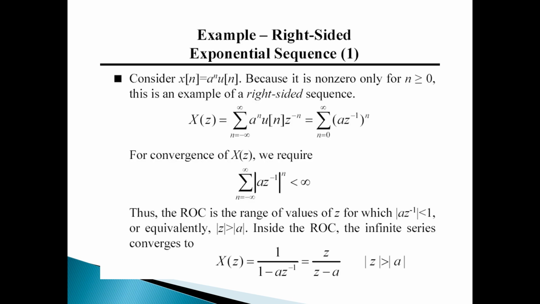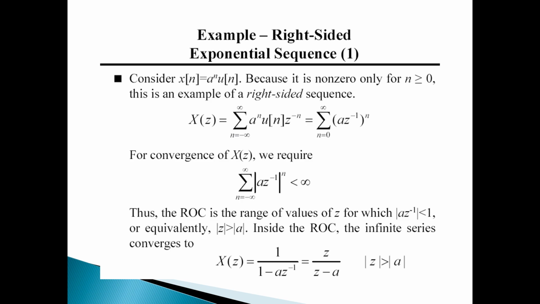Now, as we have said the right-sided and left-sided sequence, we'll discuss here the right-sided exponential sequence, the most basic discrete signal, that is x[n] equal to a power n u[n]. We are taking the Z transform of it: X(z) equal to summation n equal to minus infinity to infinity a power n u[n] z to the power of minus n.